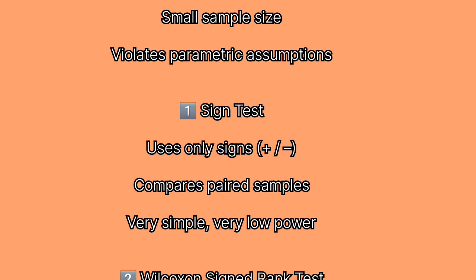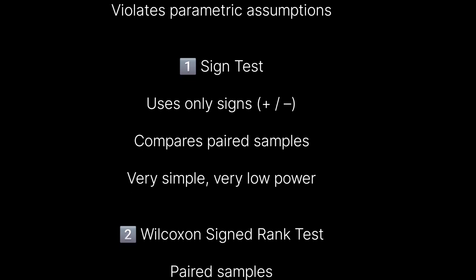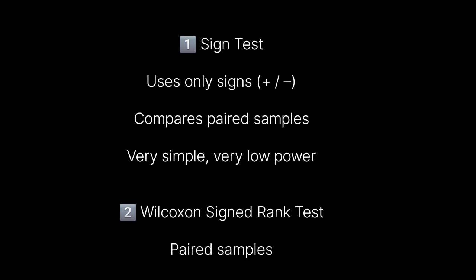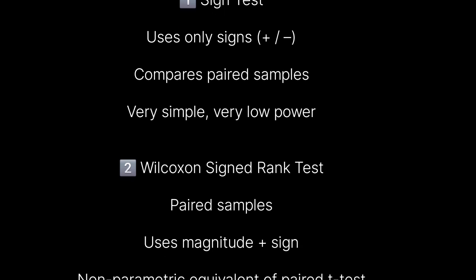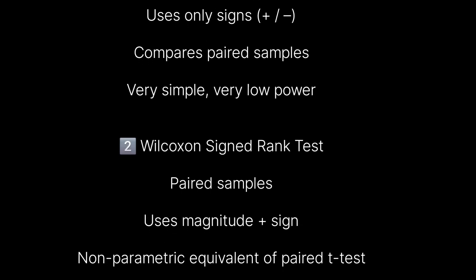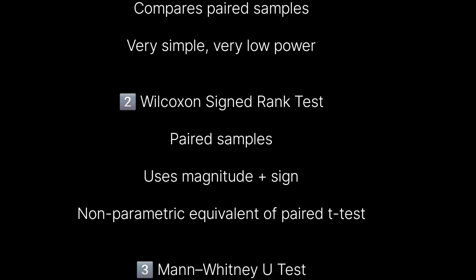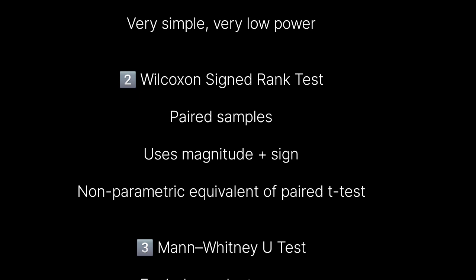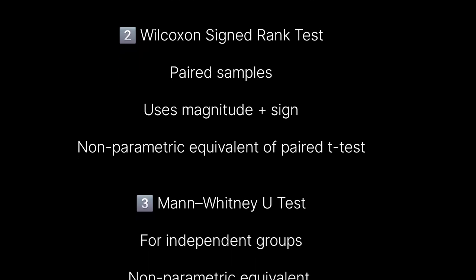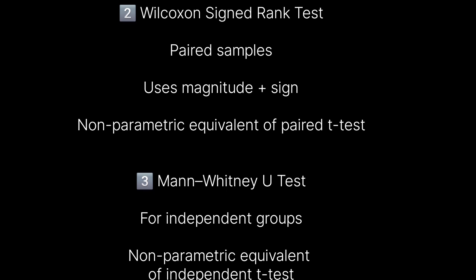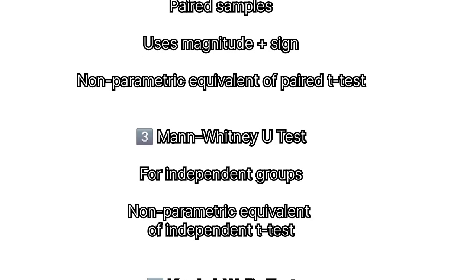And there is also the Wilcoxon signed rank test. It is for paired samples and uses magnitude plus sign, a non-parametric equivalent of the paired t-test. The Mann-Whitney U test is for independent groups, a non-parametric equivalent of the independent t-test.